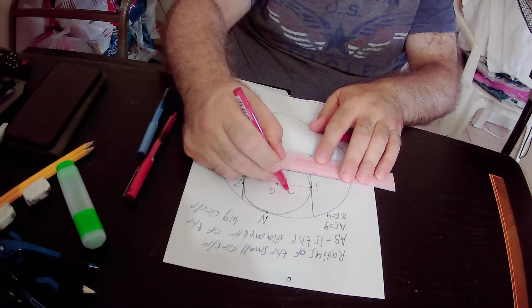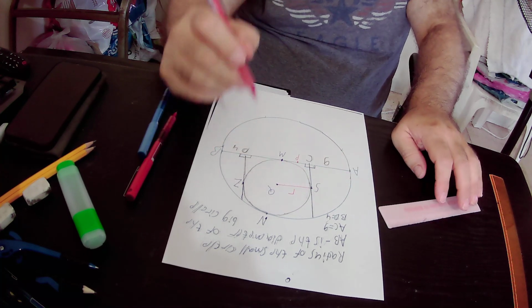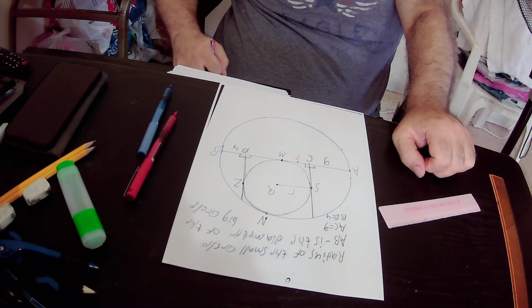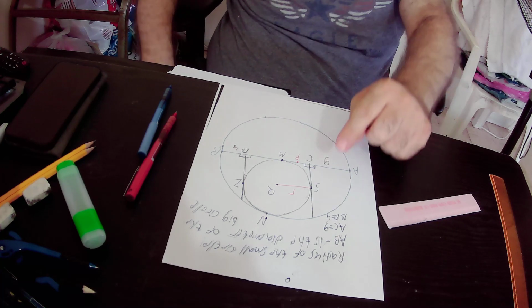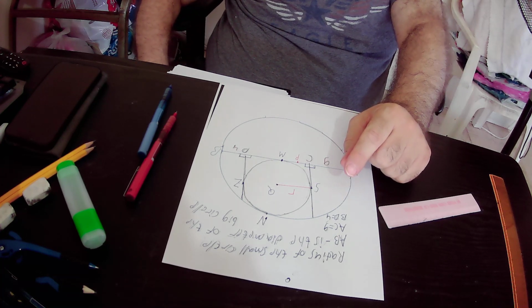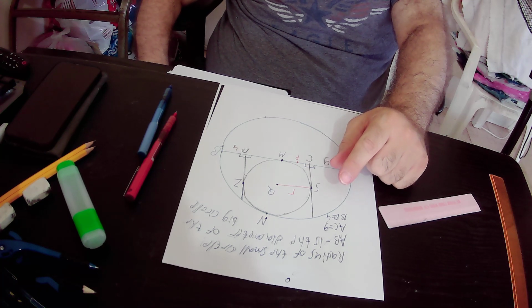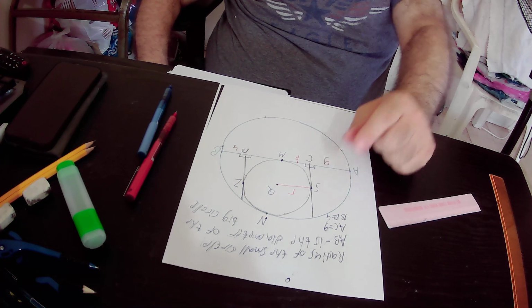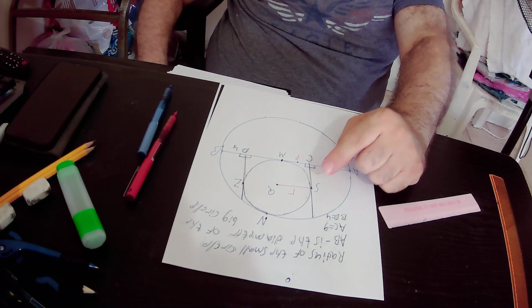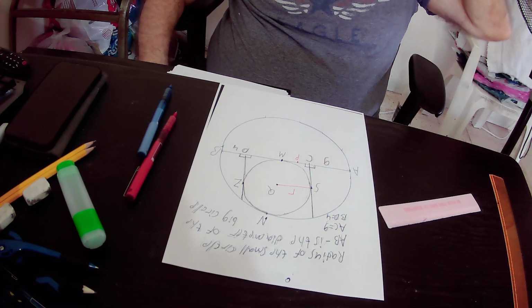This is the first radius. The radius small r is drawn to the point of tangency between the tangent and the circle.